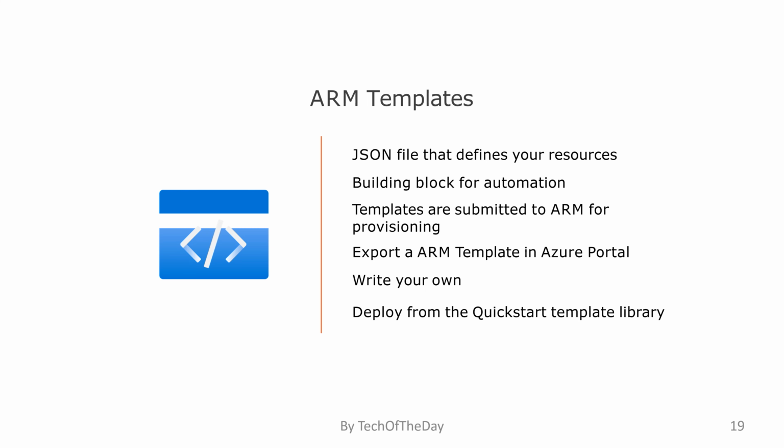Moving along in our journey of learning how to deploy virtual machines in code in Azure, let's talk about ARM templates. An ARM template is a JSON formatted file that is a configuration document that defines what resources you want to deploy in Azure with their configurations. You can create any resource with an ARM template.